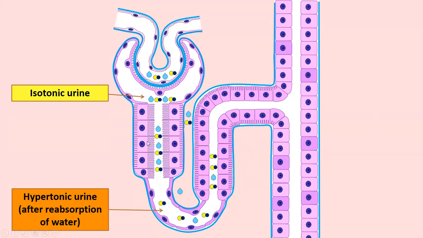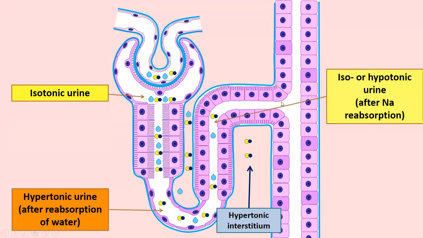In distal tubule, the absorption of salts takes place, it's active transport, and interstitium is hypertonic because of big amount of salts. But this content of the distal tubules after reabsorption of sodium is iso or even hypotonic, less concentrated urine, because a huge amount of salts is reabsorbed.